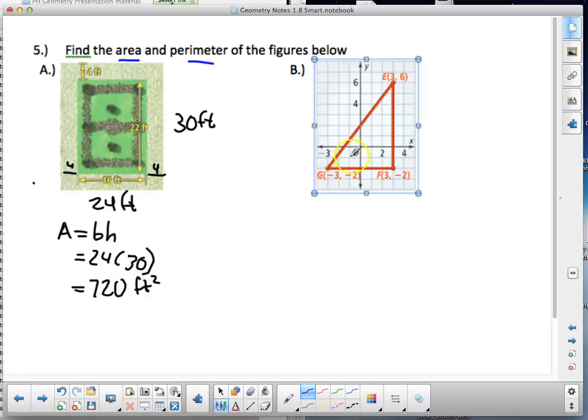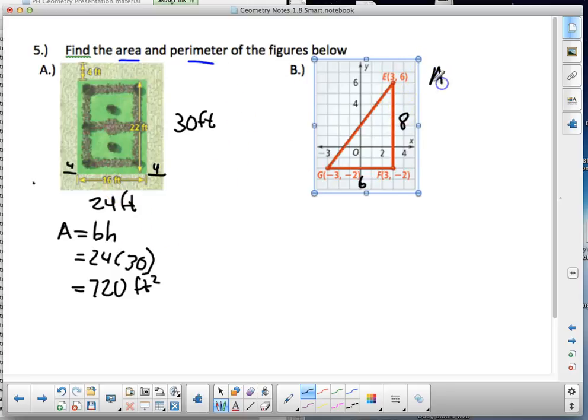Okay. Now in this next one, I've got points here, and it goes up by ones. Notice how I'm checking 1, 2, 3, 4, 1, 2, 3, 4. So now I can just count 1, 2, 3, 4, 5, 6. I got 6. 1, 2, 3, 4, 5, 6, 7, 8. I've got 8. Now, if I'm going to find perimeter and area on this, I'm just going to go area first.